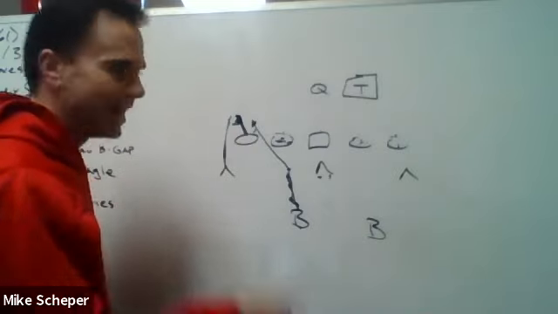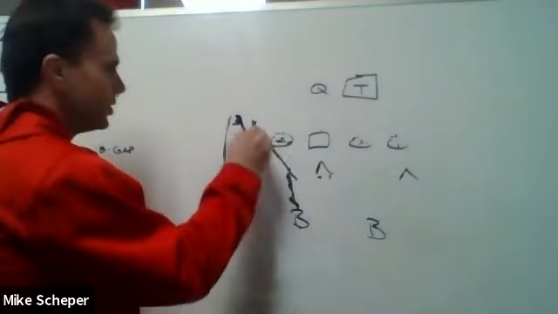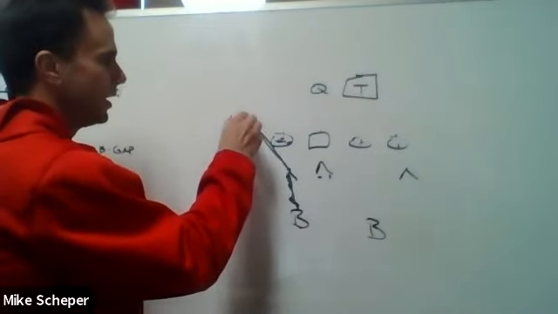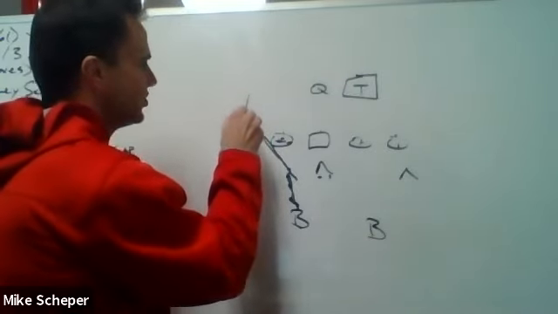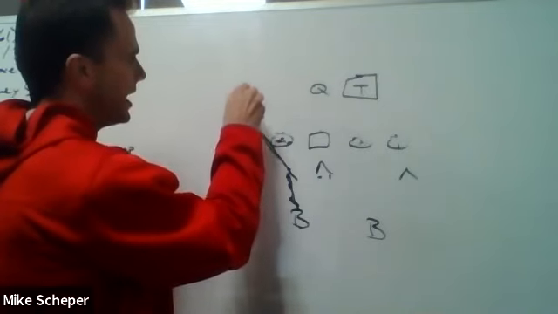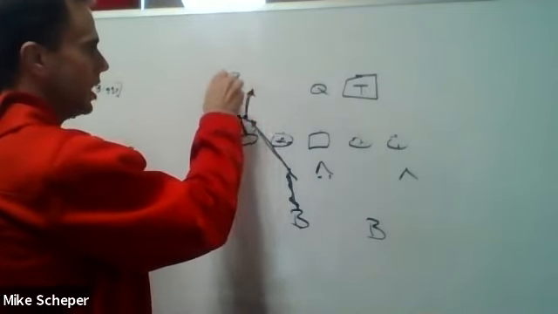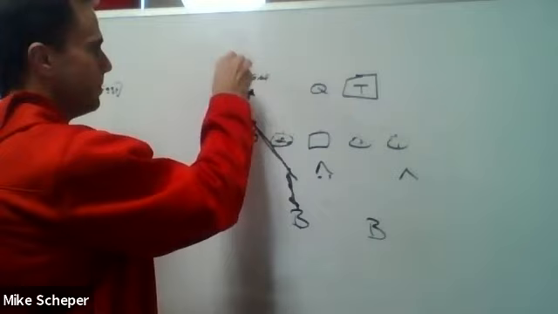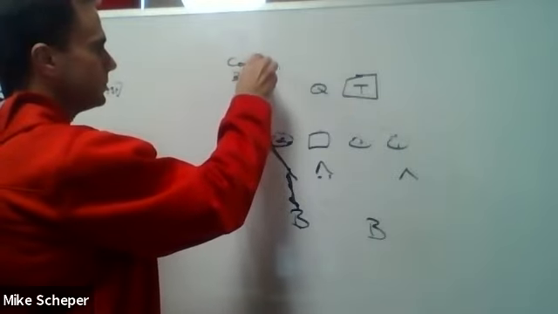So it's creating a natural momentum to where now you're pounding that man's hip and looking to stay inside purposely and ricochet. And so we'll call that contain through the B gap.